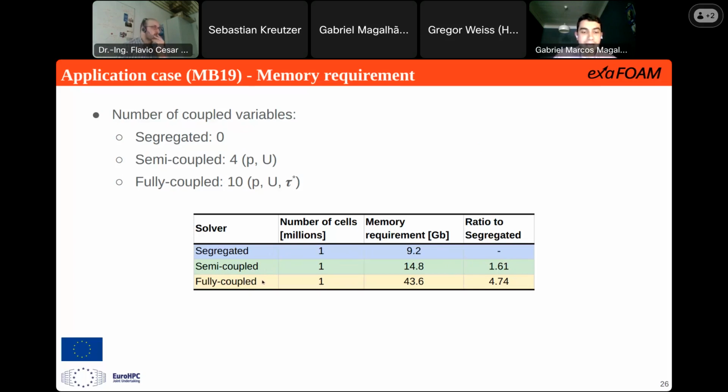And for the fully coupled, the memory requirement is 4.7 times higher. It's important to keep it in mind because for huge cases using a lot of modes or a huge mesh, the memory requirement could be a limitation of the use of the fully coupled solver.